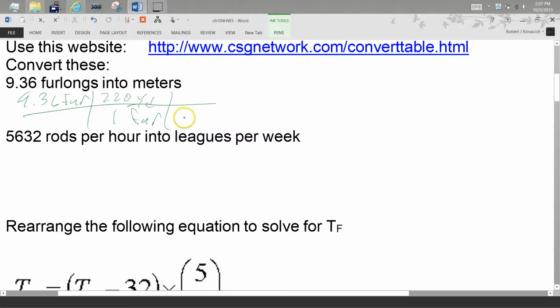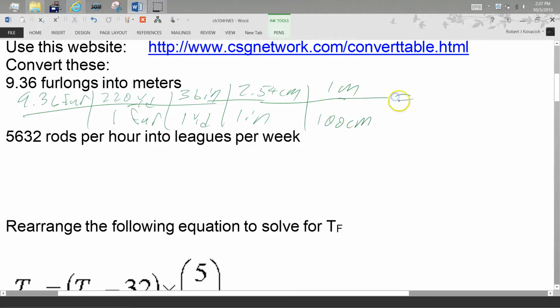And then for every 1 yard, I'm just going to skip a step here and go 36 inches. And then for every 1 inch, it's 2.54 centimeters. And then for every 100 centimeters, it's 1 meter. And then all the units cancel out. We've got the furlongs canceling, and the yards canceling, and the inches canceling, and the centimeters canceling. The only unit we have left is the meter unit.